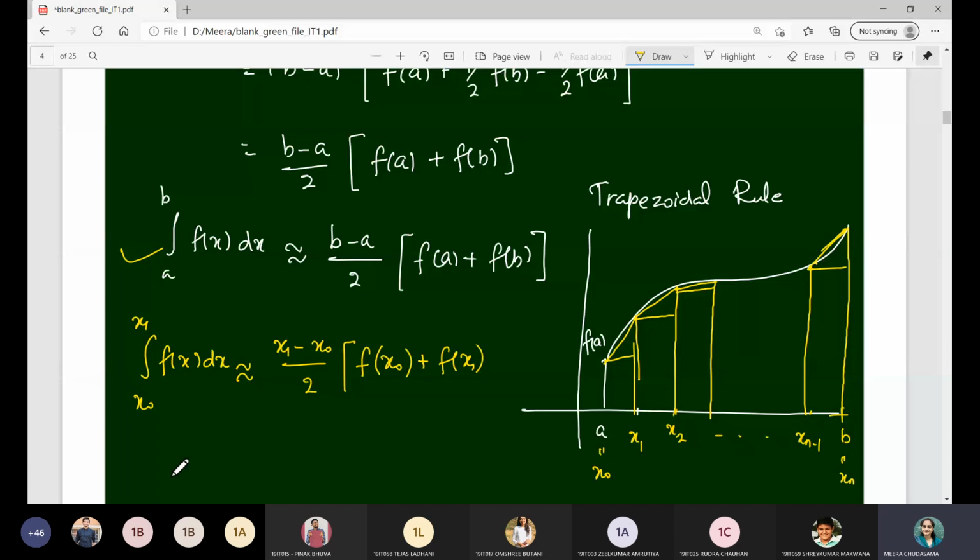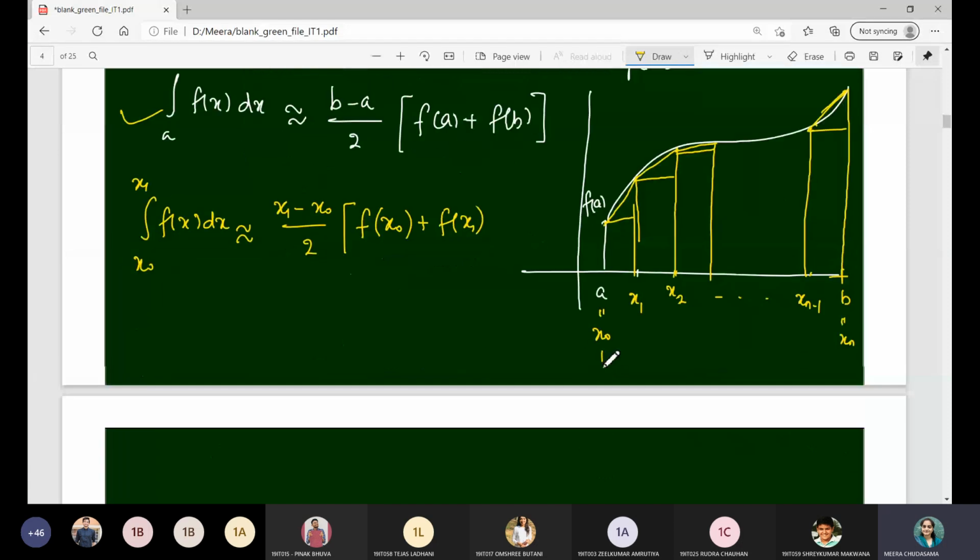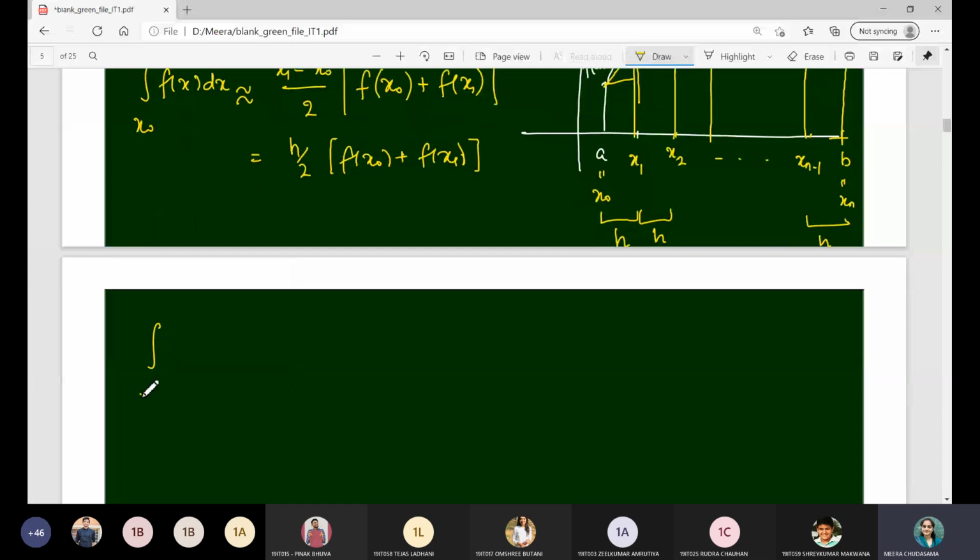Further, if I now fix the subinterval length as h, then x1 minus x0 is nothing but h. So this is h by 2 times f of x0 plus f of x1. Similarly, when I consider the second subinterval, that is x1 to x2, f of x dx, then it is approximated as, what will be the corresponding formula?